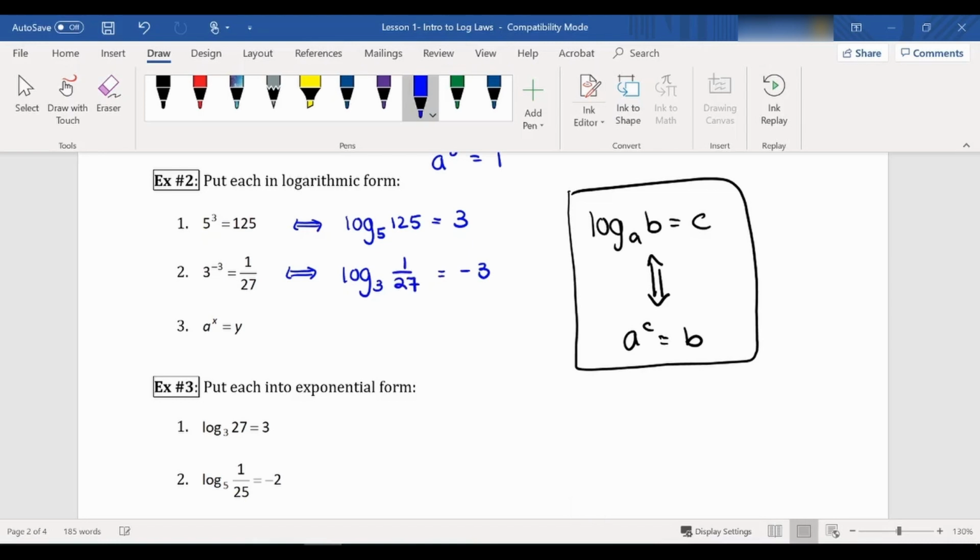So we're just taking a look at our equation in the black square, and we're saying, okay, what is our A, our B, and our C? And we're rewriting it in the opposite form. For this last one, there are no actual numbers. We're just replacing letters with other letters. So as you can see, our A is still an A, our B is now a Y, and our C is now an X.